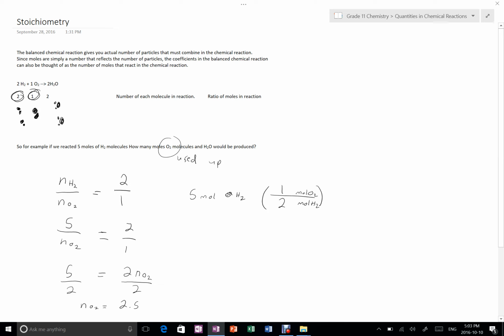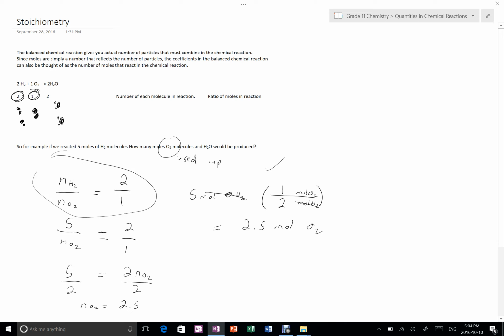And so I see that my 2 is on the bottom. These cancel out. And I get 2.5 moles of O2. So this is using a ratio, like you might have done in your grade 9 math class. And this is using the factor reduction method. I think this is the easier way to think about it in this particular situation.